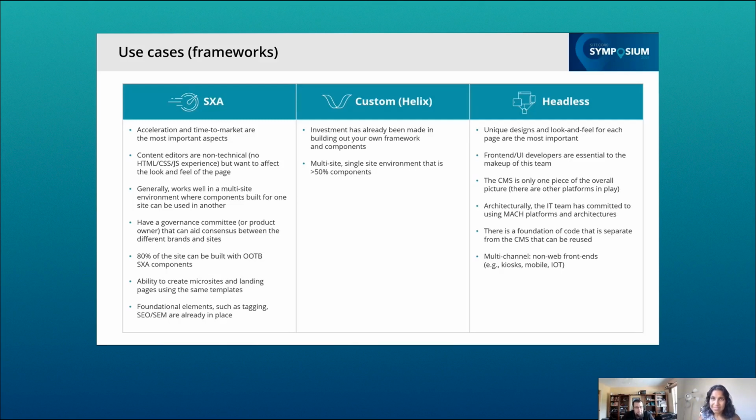With a custom Helix, you're going to take a lot of investment to build out each of the components. In a lot of cases, you're going to be building out components that are already present in SXA. And they're not necessarily going to follow best practice. It's up to your development teams if they're going to follow best practice or not. They might not be multi-site capable, things like that.